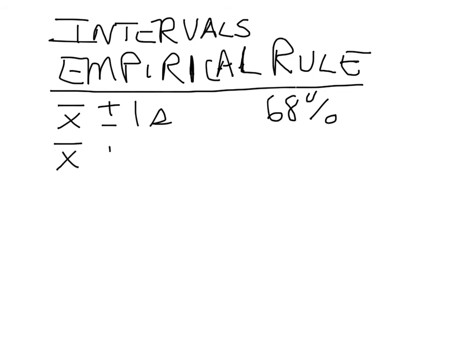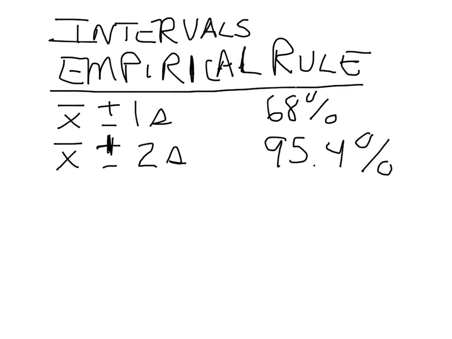Okay, still if I have my data set that follows the normal curve, the bell curve, if I take the interval x bar plus or minus 2s, then about 95.4% of the data falls in there.